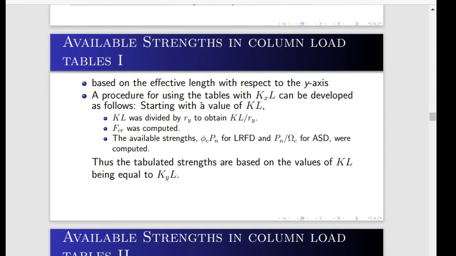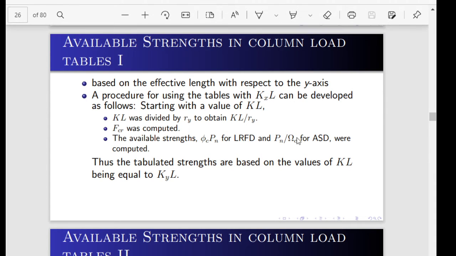But we also have this KxL with respect to the x-axis, because as we discussed in previous videos, the column is reinforced on the weak side of the column, so KxL over rx.